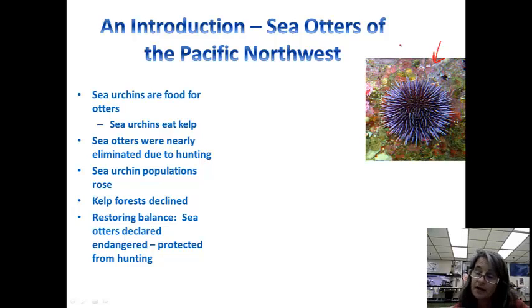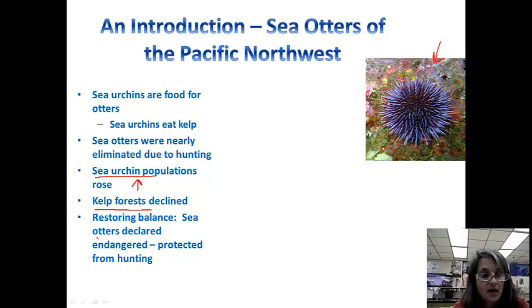Now, due to hunting for their pelts, their fur coats, sea otters were eliminated almost or perhaps totally from the Pacific Northwest. When that happened, the sea urchin populations rose dramatically, and as a result, the kelp forests declined.